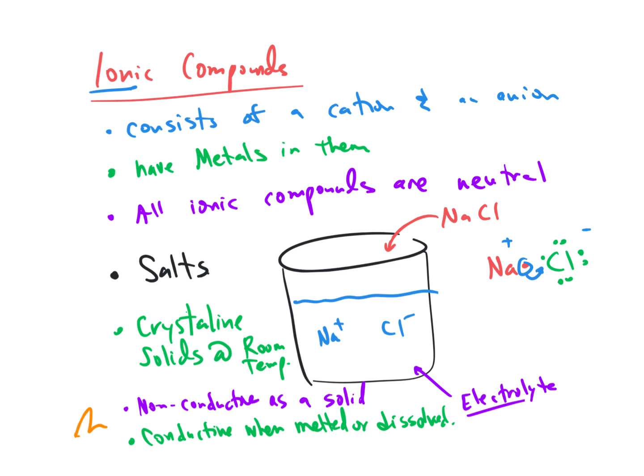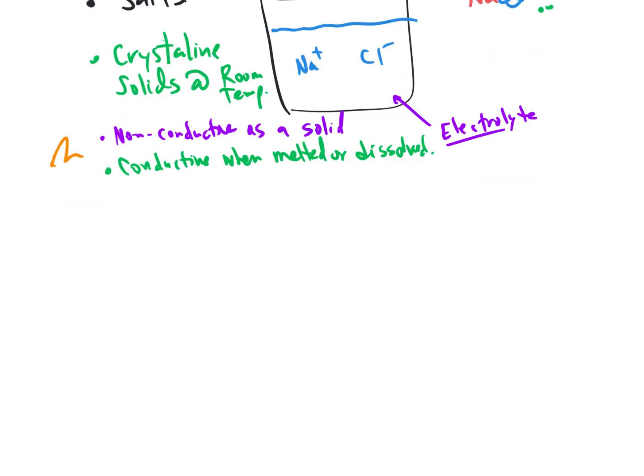Are we good? Having a good idea what ionic compounds are? How do we tell if a compound is ionic? Good? Okay, let's move on. Okay, so we talked about an ionic compound having a metal and a nonmetal, right?